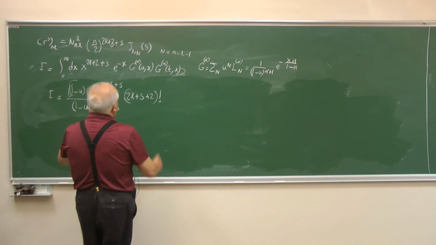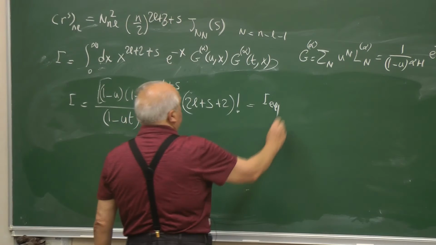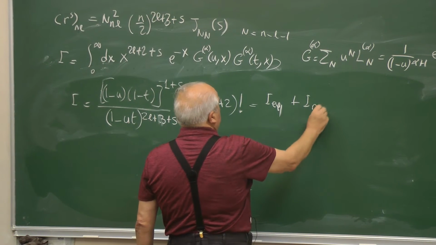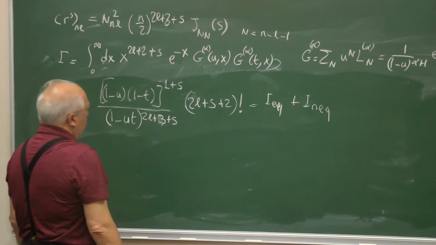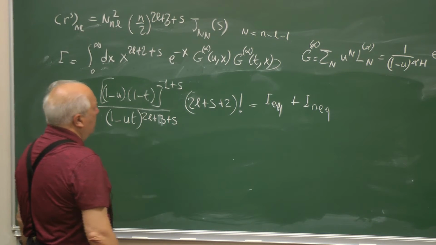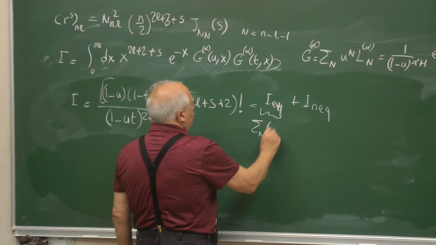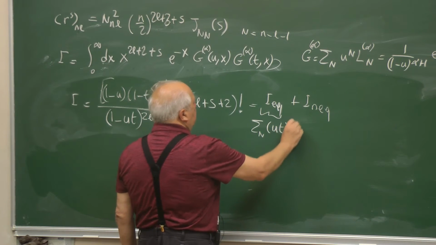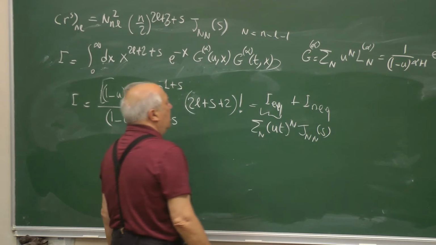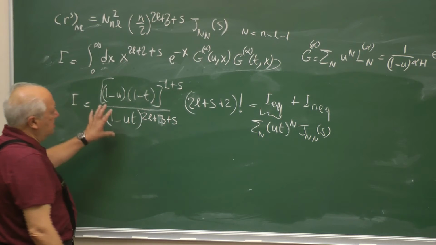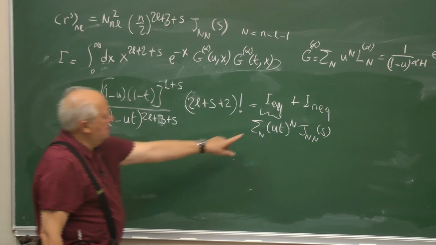So this will be written as I equal powers plus I non-equal powers. So this will be of the form sum over n of (ut)^n J_nns. And so we will take the equal powers of u and t like this.